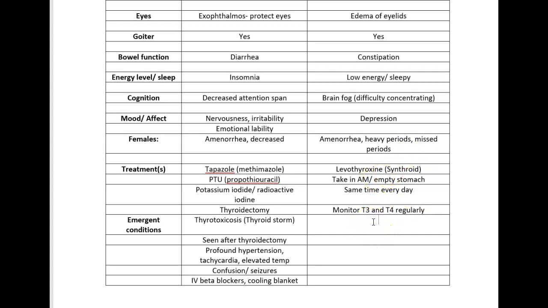Emergent conditions. The emergency that they talk about is myxedema coma. It's an acute hypothyroid state. For example, someone is on thyroid hormone and they just stop taking it, and it puts them into a profound, acute hypothyroid state.